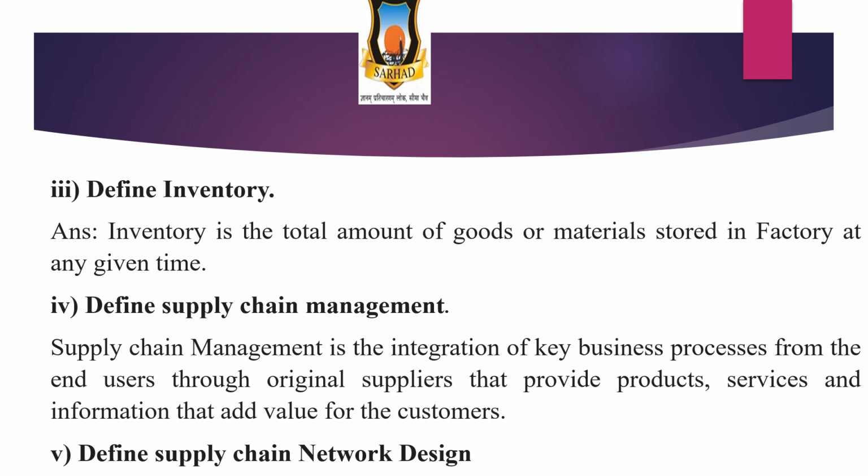Supply chain management is the integration of key business processes from the end users through the original suppliers that provide products, services, and information that add value for the customer. Supply chain management helps to flow the goods, information, and services from the original suppliers to the ultimate consumer.